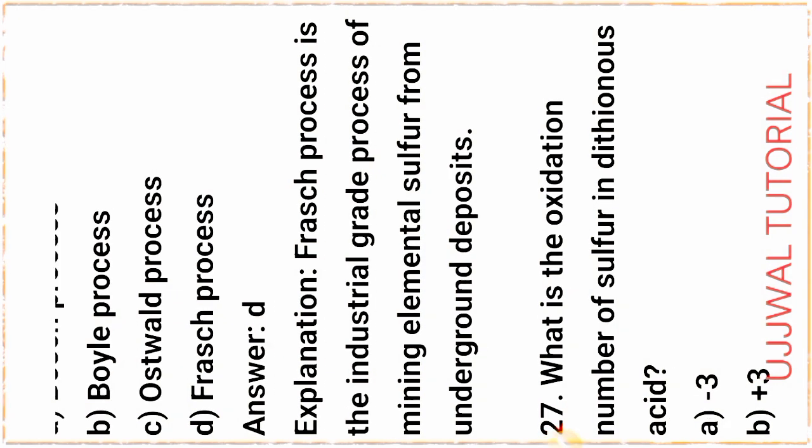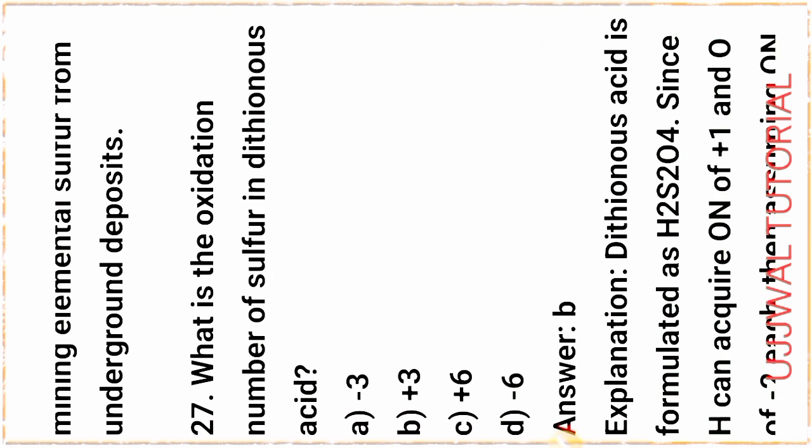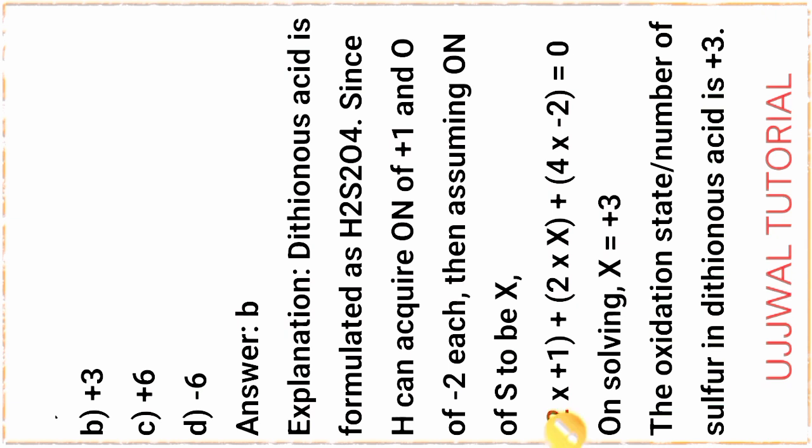Next question, question number 27. What is the oxidation number of sulfur in dithionous acid? Option B, plus 3. Dithionous acid is formulated as H2S2O4.